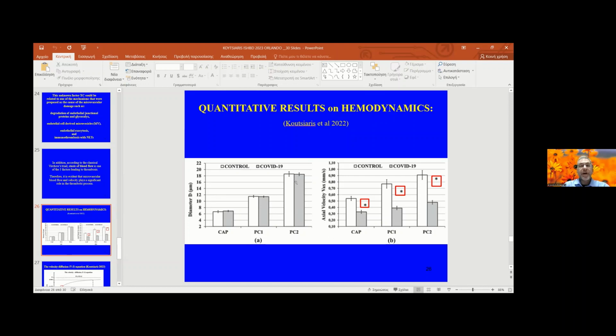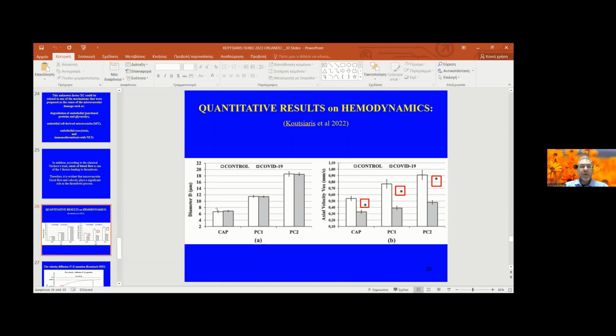We have subdivided the microvessels in 3 groups according to their diameter. We have capillaries with the smallest diameter, post-capillary venules of size 1, and post-capillary venules of size 2. We had to exclude the diameter as a confounding factor.